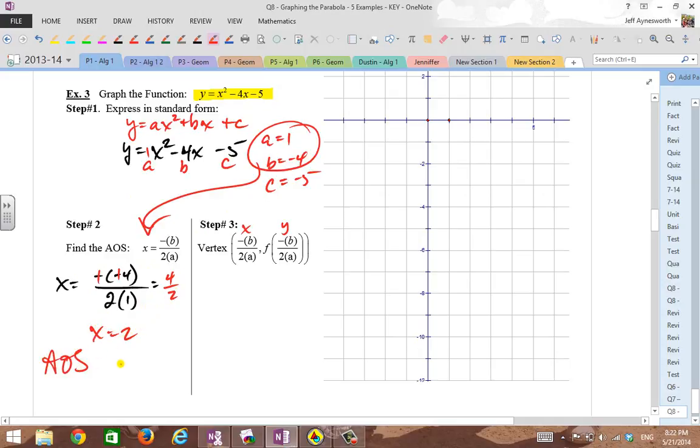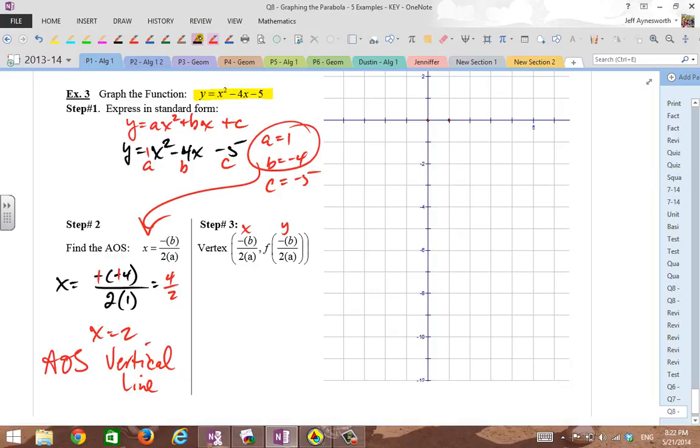This is called the axis of symmetry, and it's a vertical line for this parabola because we know that these parabolas open either up or down when the x is being squared here. In Algebra 2, in a couple of years, you're going to study the parabolas that open up, left and right. Okay, but when the x is being squared and y is not, you get a parabola that opens either up or down depending on the coefficient of a, which happens to be 1 in this case. And from experience, you know that opens up.